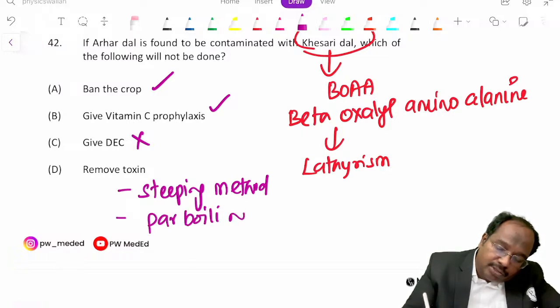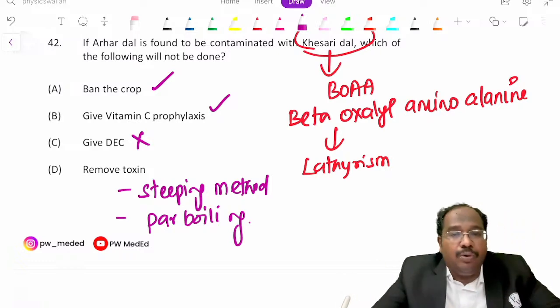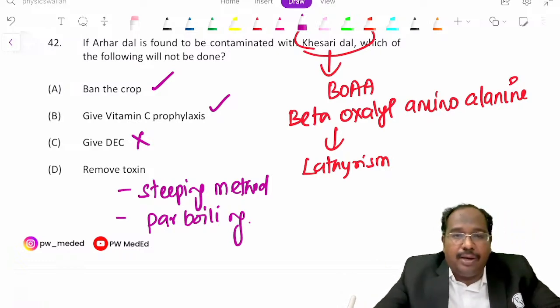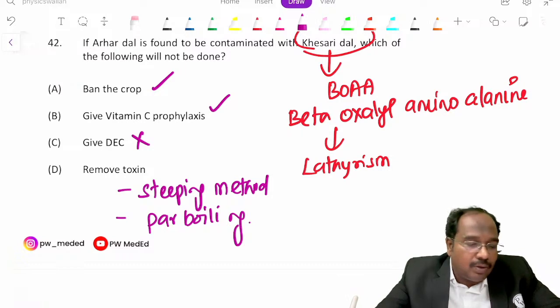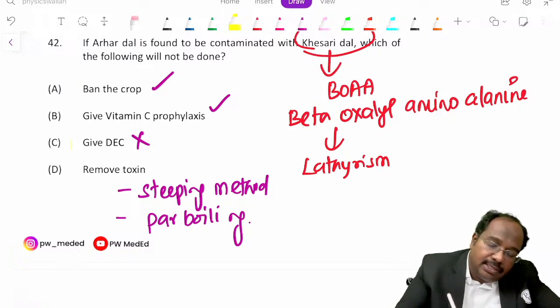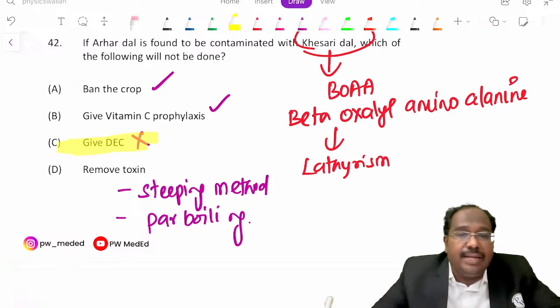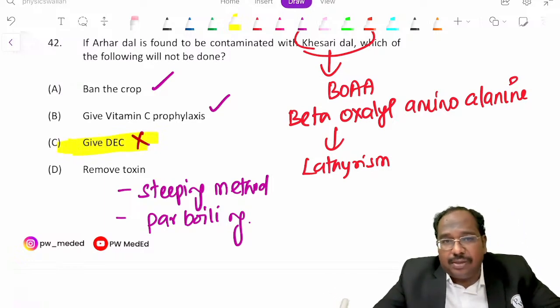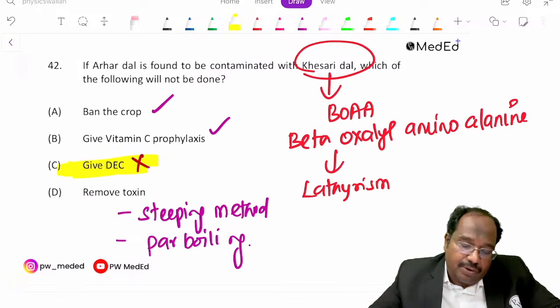Toxin can be removed by steeping and parboiling methods, guys. So this is about kesari dal. The condition is called lathyrism, neurolathyrism. The answer for this question is DEC. Giving DEC is not going to help.